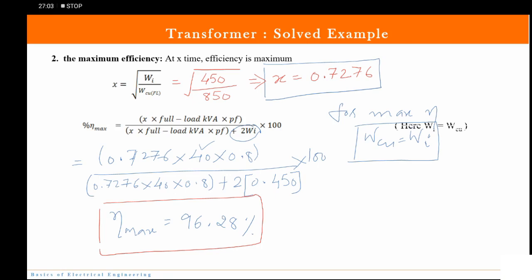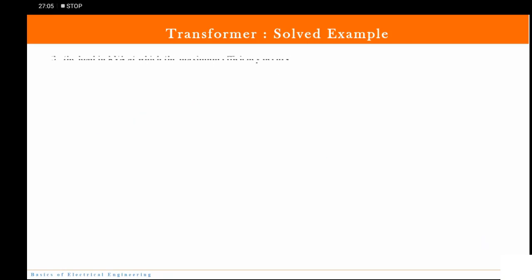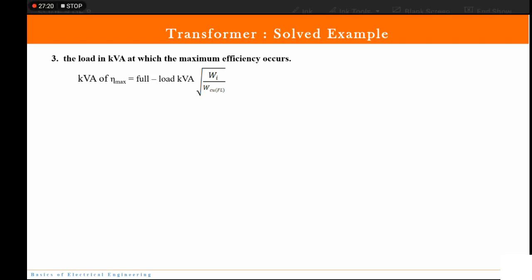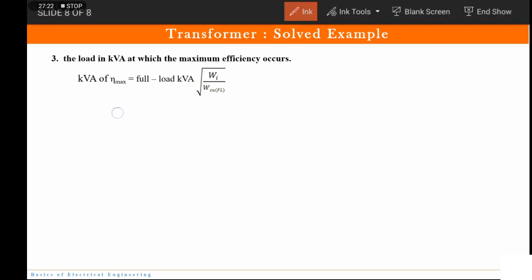Now we shall go to the third part, which is the last part, and it says the load at which the maximum efficiency occurs. So kVA at maximum efficiency is given by this equation. Now we just have to put the values. What is the full load kVA? It is 40. Secondly, you have 4.